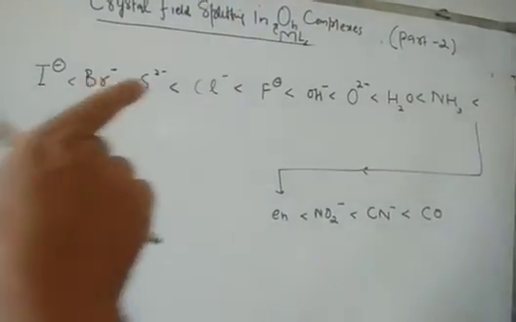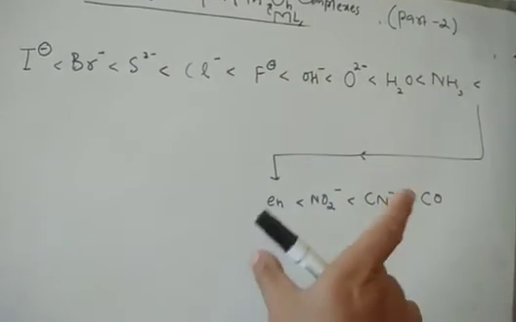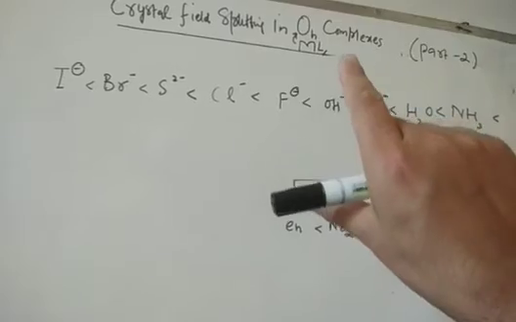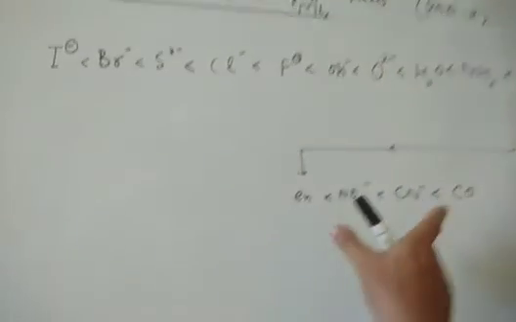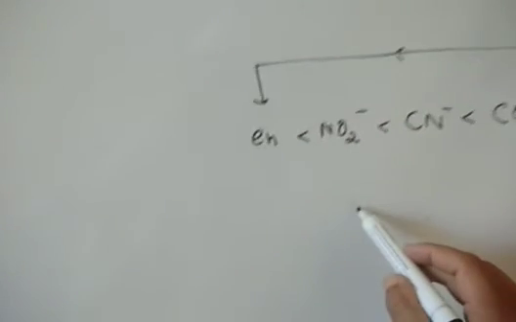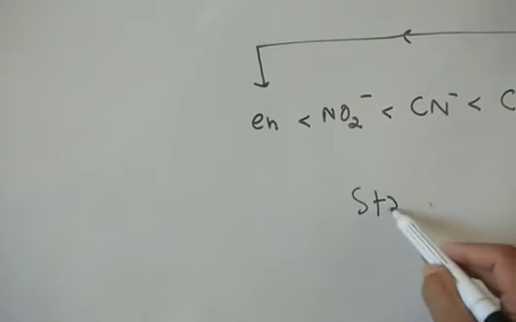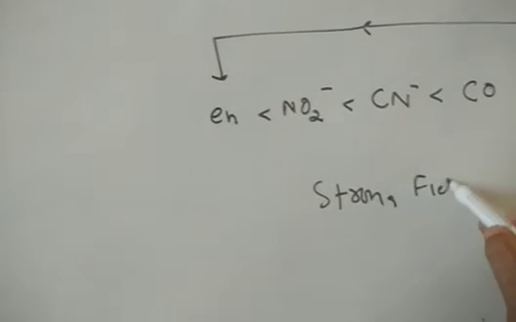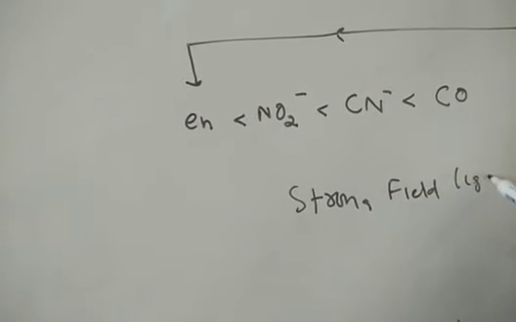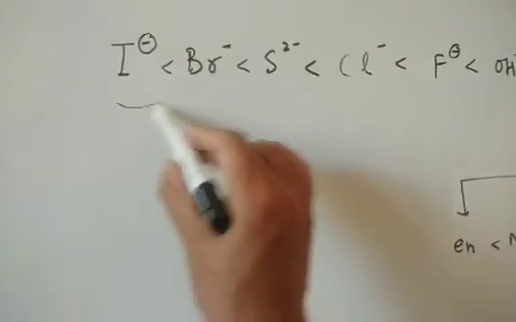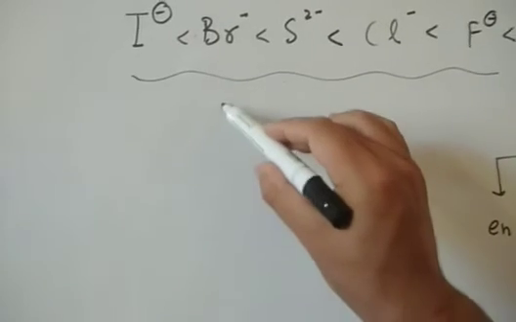If we go in increasing order, the ligands at the top have a stronger crystal field. They will split the two sets of orbitals more in the octahedral complex. So these ligands on the higher side are called strong field ligands. And those ligands on this side are called weak field ligands.